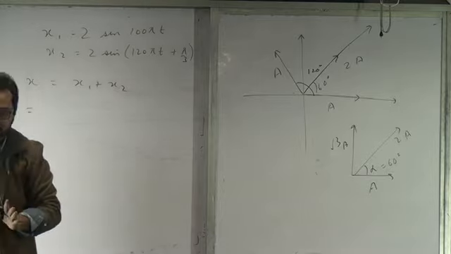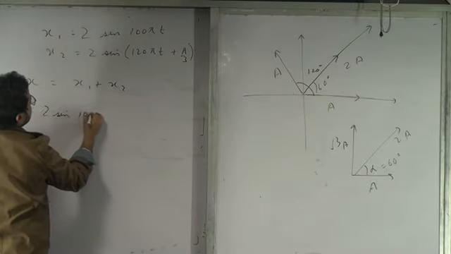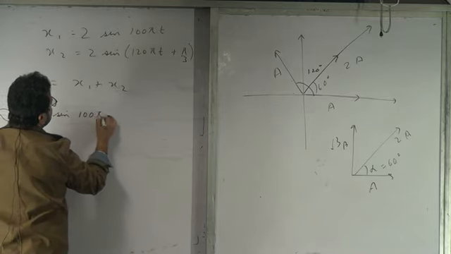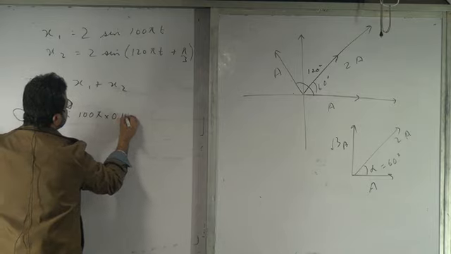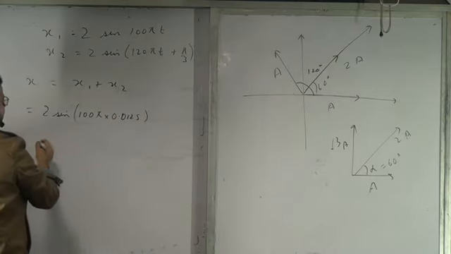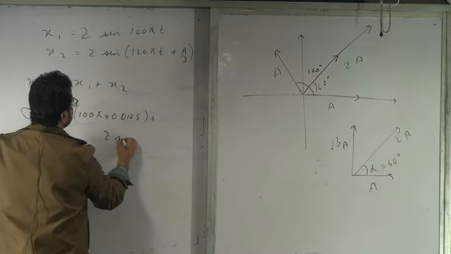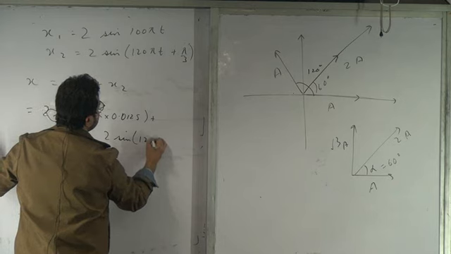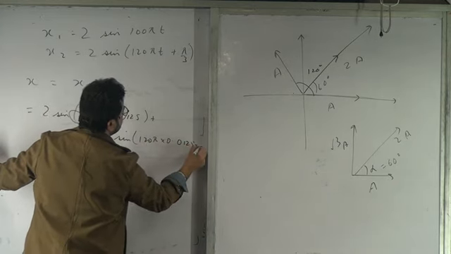Is that clear? Okay. So this would be 2 sine 100 into pi into t, which is 0.0125, plus 2 sine 120 pi into 0.0125 plus pi by 3.